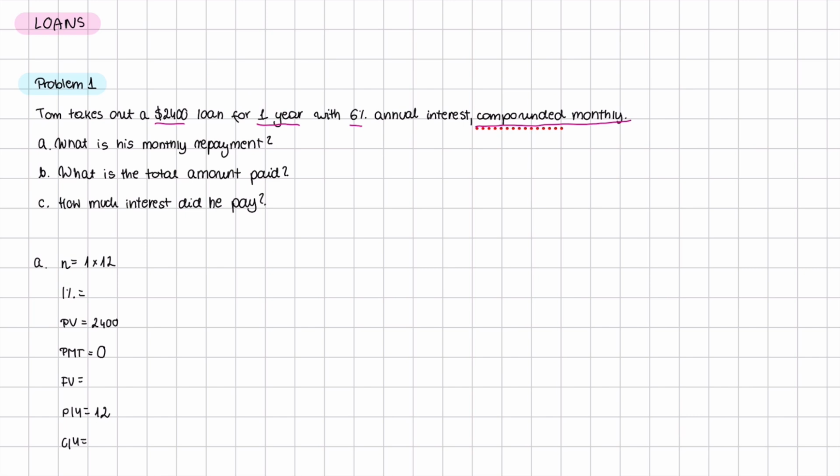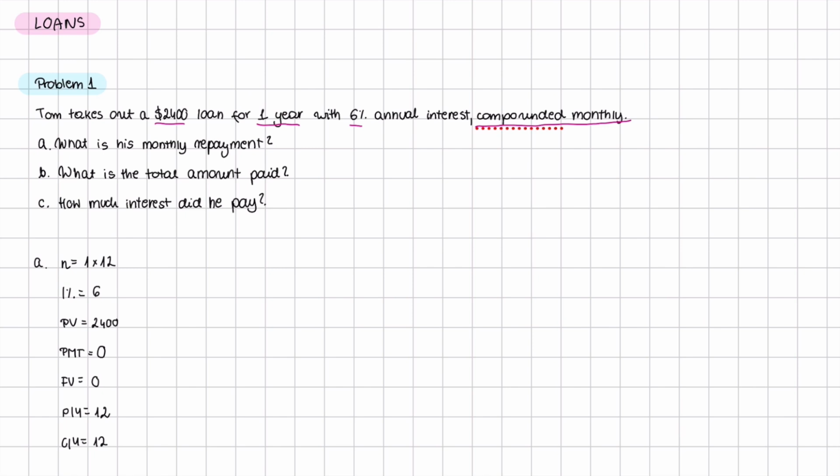And then we have interest rate, so 6. We have future value. Future value is 0 because we have to repay our loan. So at the end we need to have 0. So future value is 0, and C/Y it's 12 because we have compounded monthly.